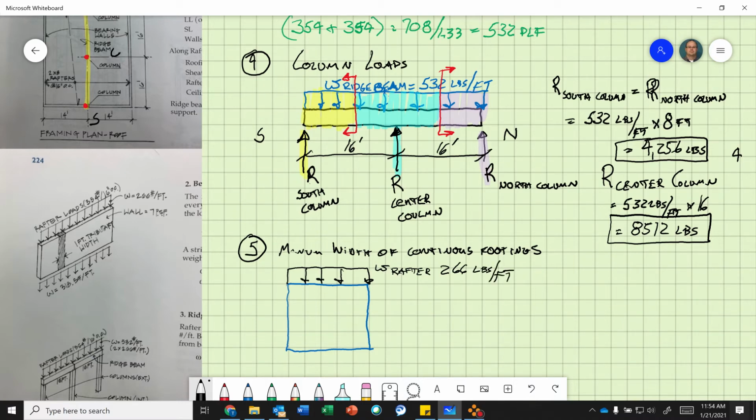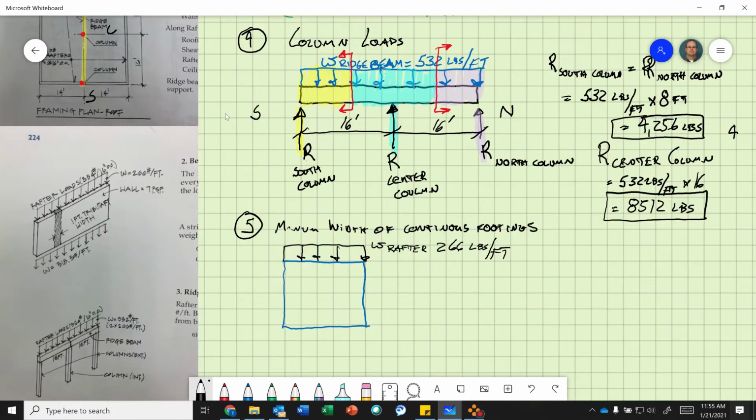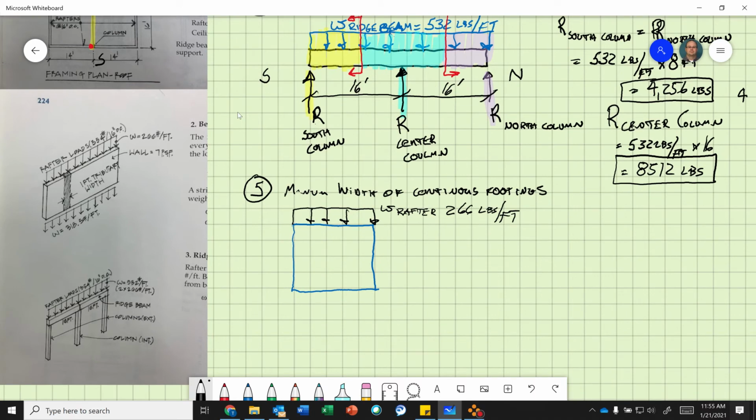And we know the wall, how high is that wall? 7'6", or 7.5 feet. Okay.